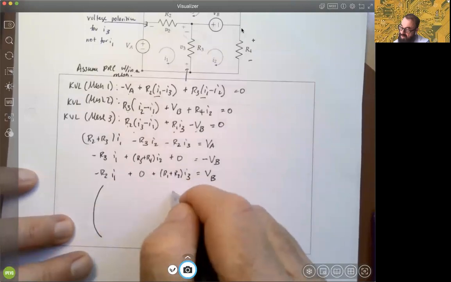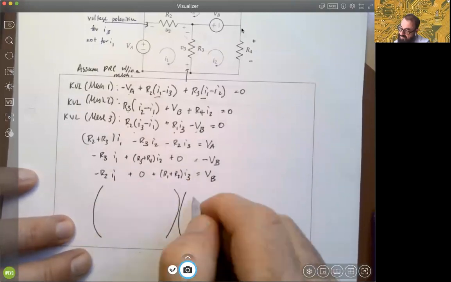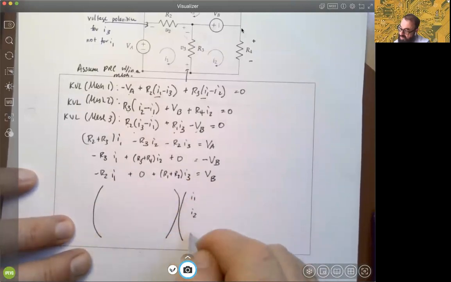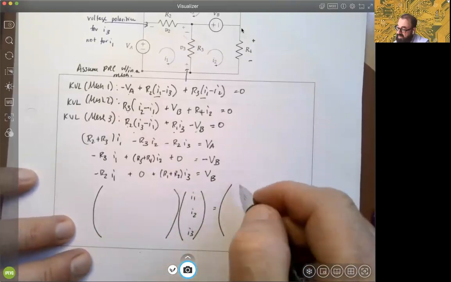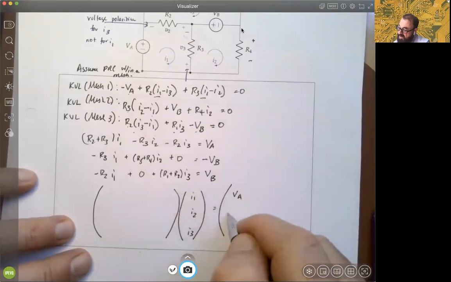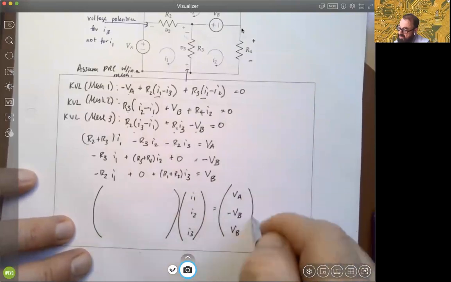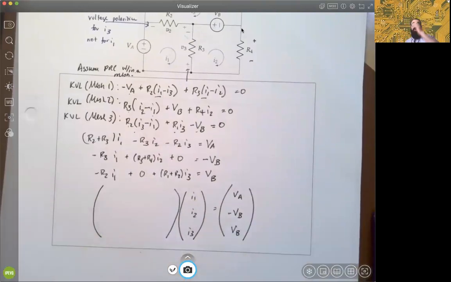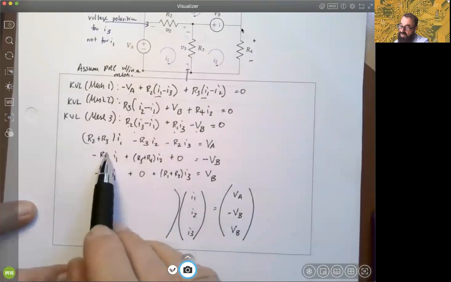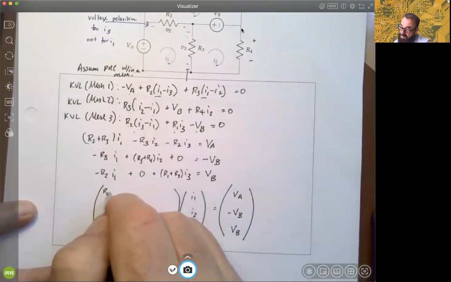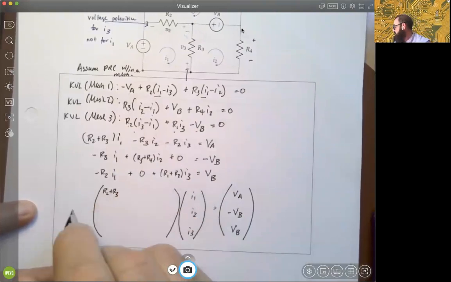Now we can set up our matrix equation with our unknowns as our mesh currents. And the right-hand side is 3 voltages, actually just 2 values, magnitudes. We just have a sign difference in those 2. So you can now read off what the elements of the coefficient matrix would be. The 1,1 entry is R2 plus R3.